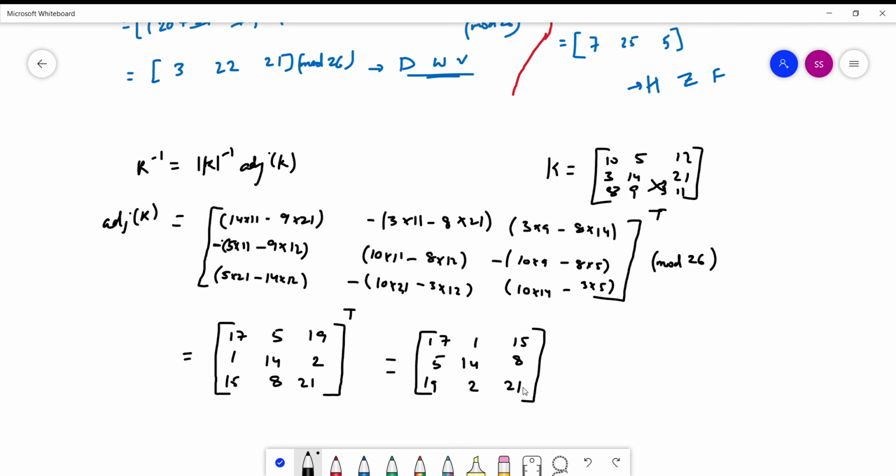Now I have to find determinant of k. One method of finding determinant of k is to consider any one row. So I'm considering the first row. First element 10 into cofactor of this element plus 5 into cofactor of this element plus 12 into cofactor of this element.